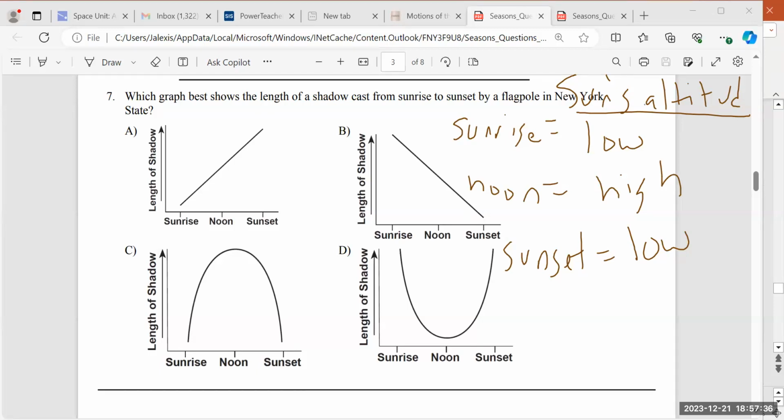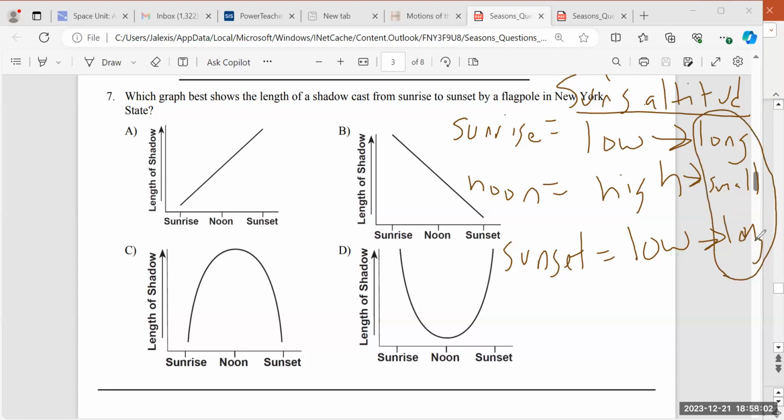When the sun's altitude is low, your shadow is long. When the sun's altitude at noon is high, your shadow is small. And when it's sunset again, the sun's altitude is low, your shadow is long.